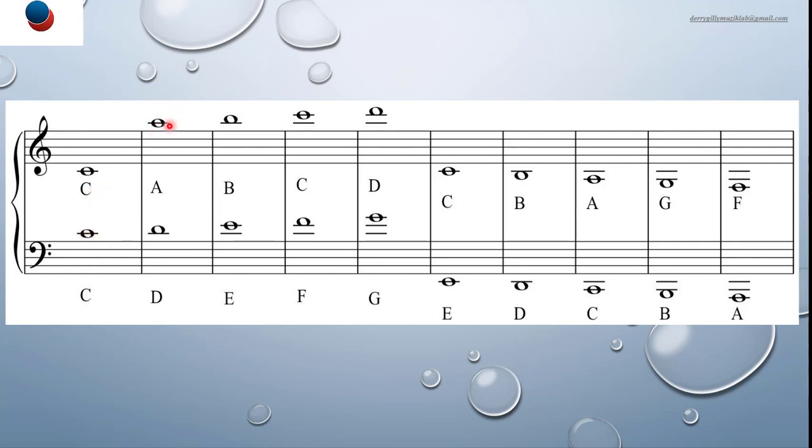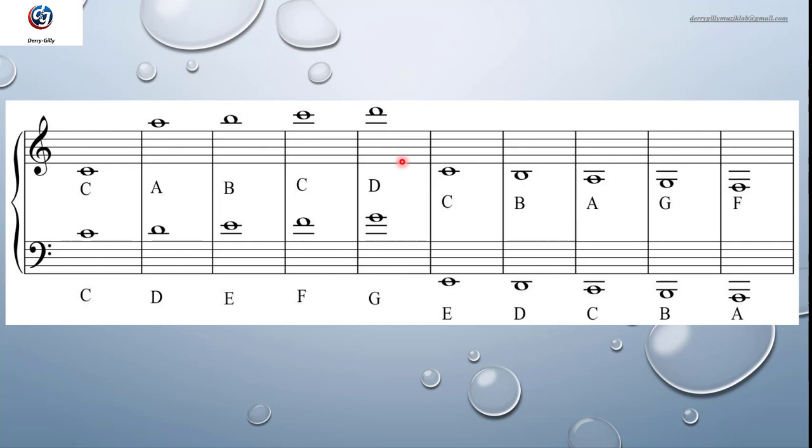The A is just above the treble clef. The B is also above the treble clef, but is on a space just above the first ledger line. The C is above the treble clef, but is on 2 ledger lines. The D is above the treble clef, but is also found in a space above the 2 ledger lines. So this one is also in a ledger space.